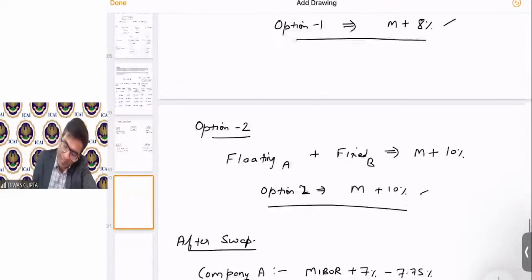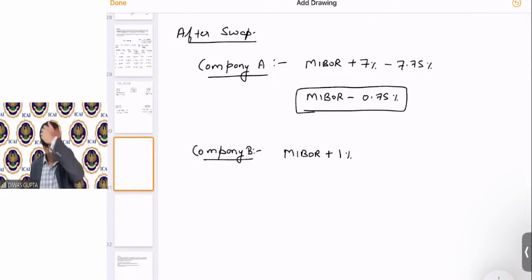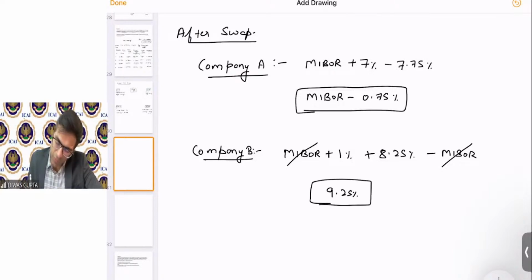So can we write it as MIBOR plus 1% being paid to the bank, plus 8.25 percentage being paid to the swap bank, minus MIBOR received from the swap bank. So this and this get cancelled. So effectively it becomes 9.25 percentage for company B.